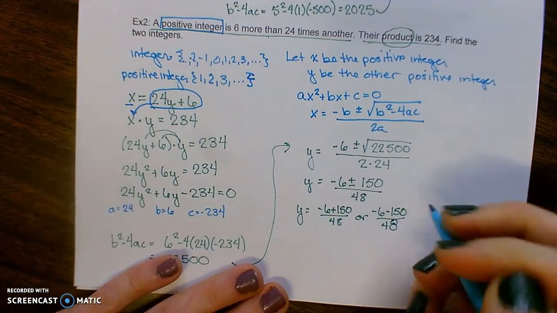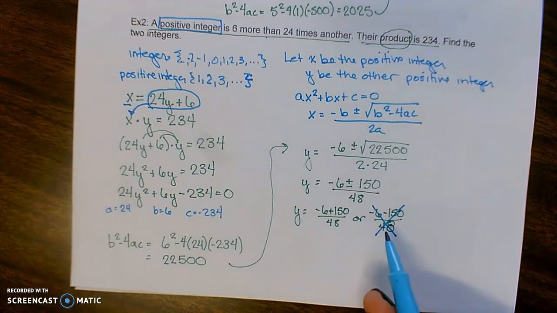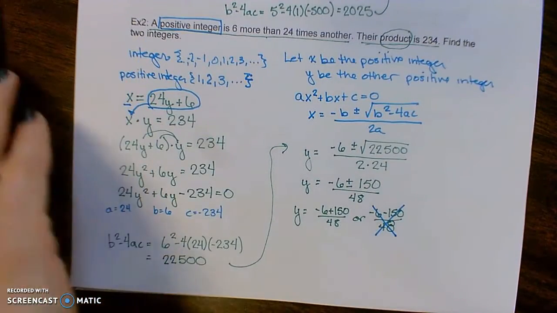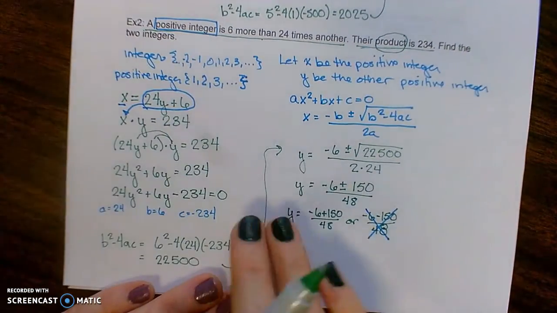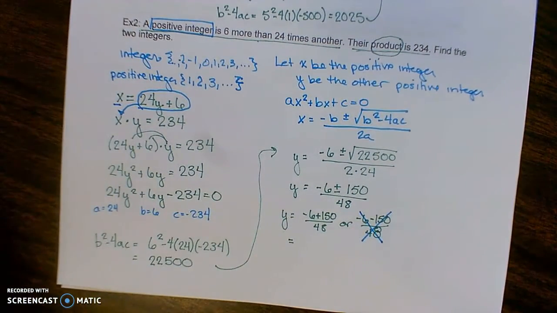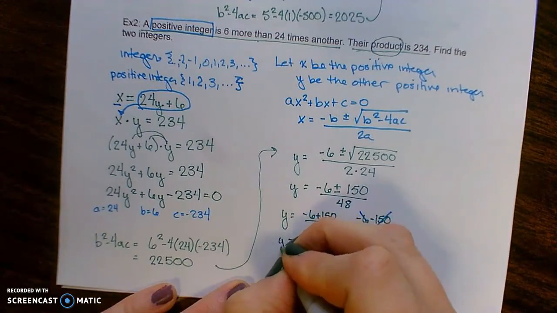This is going to be a negative number. So automatically I can rule it out because my two numbers are supposed to be positive. So I don't even have to do that calculation. But negative 6 plus 150, that'll give me 144. And if I divide by 48, I'll get 3. So y equals 3.